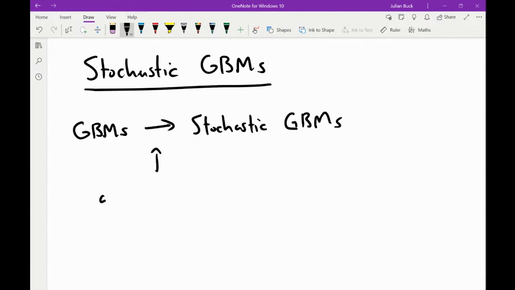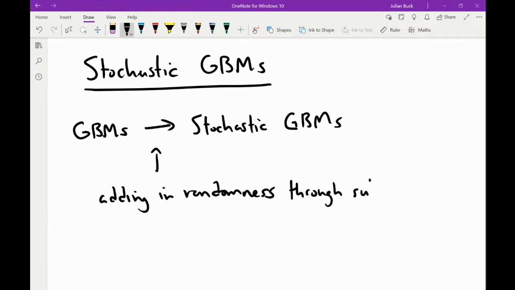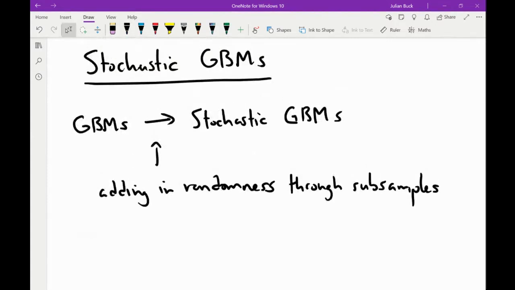And what's going on here is we're adding in randomness. Okay. So why are we going to do this? We're adding in randomness, and how we're going to do it is through subsamples. So in some sense then, going from gradient boosting machines to stochastic gradient boosting machines has a lot of similarity with going from bagging to random forest, where we added in randomness by subsampling on features. Okay. So why is this a useful thing to do here?